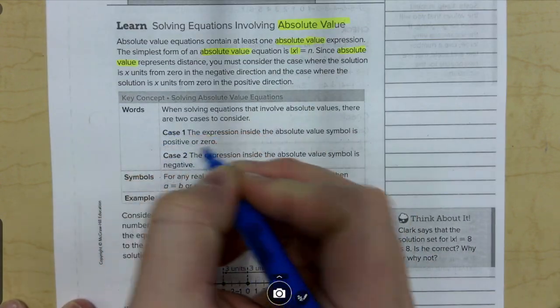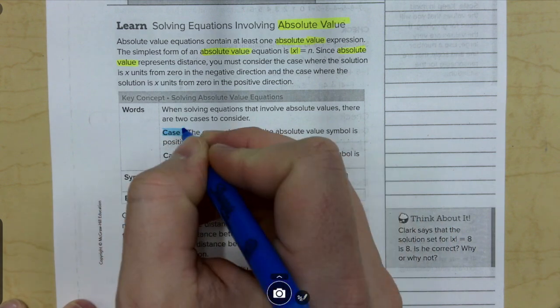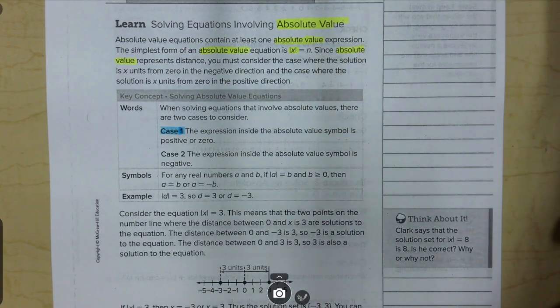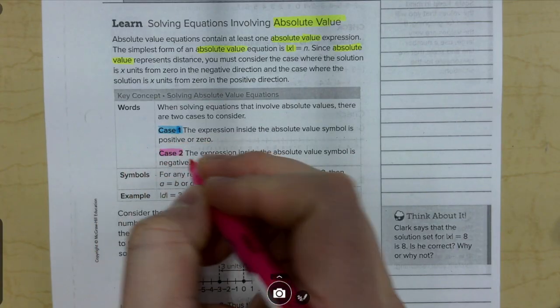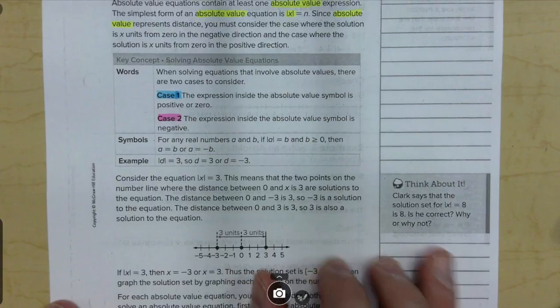So when we solve equations involving absolute value, there are two cases. Case 1, the expression inside the absolute value symbol is positive or 0. Case 2, the expression inside the absolute value symbol is negative.